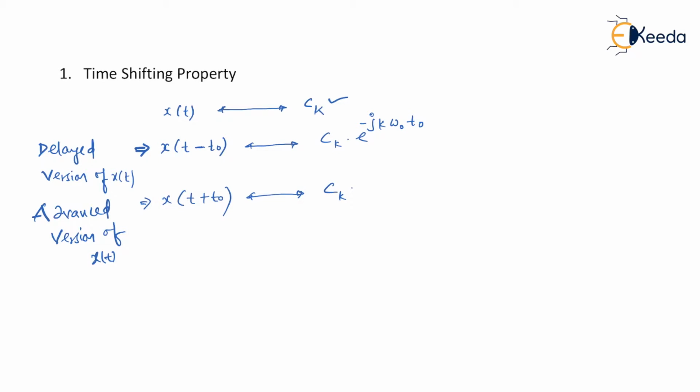Only thing is that it is multiplied with an extra term, e to the power j k omega naught t naught. Since for advance we give plus sign, we have positive power here, and for delay we have negative sign, then we have negative sign in the power of e. So you have to remember this property. Of course, we will solve some problems based on the property, so things would be quite clear to you.